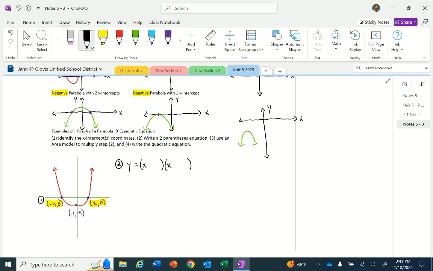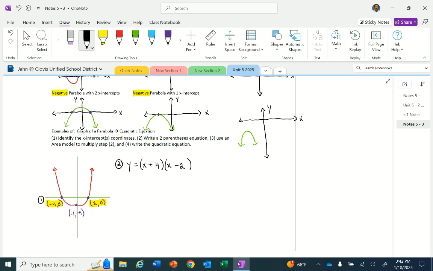So if one x-intercept's value is -4, 0, the opposite of -4 is +4. So in the first parentheses, you're going to write x plus 4. In the other, the x-intercept's x value is +2, so in the other parentheses, you're going to write the opposite of +2, which is -2.